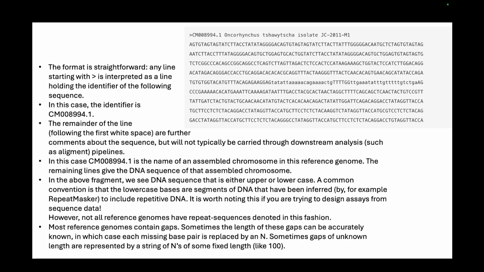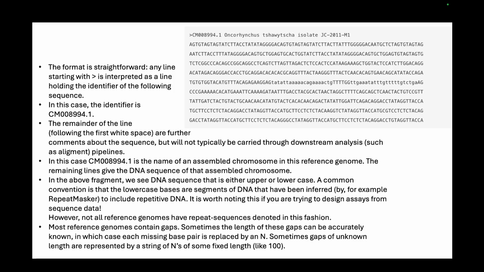But the most important thing to remember here is this format does not have a quality score associated with it. So, for example, you know that this is the whole sequence of the genome, but you do not know the quality scores associated with the individual nucleotides. You do not know if the second G here is actually a confident base call or an erroneous base call.